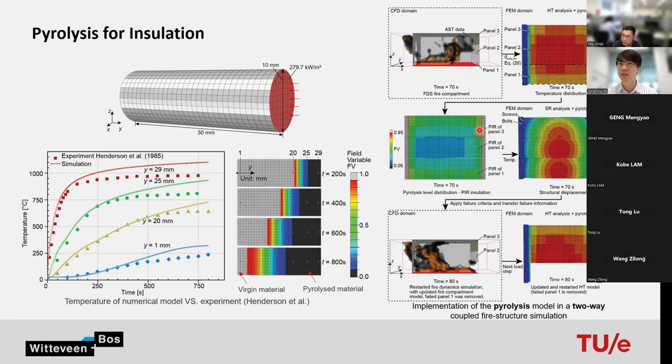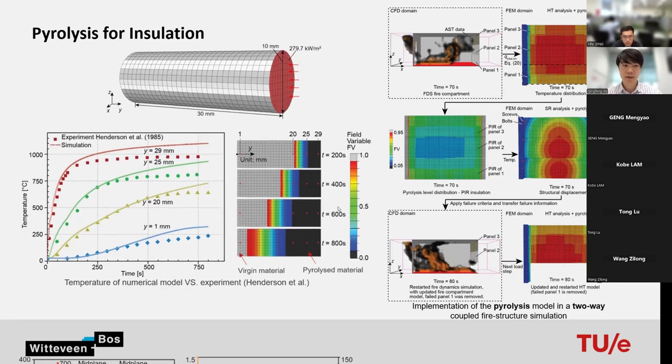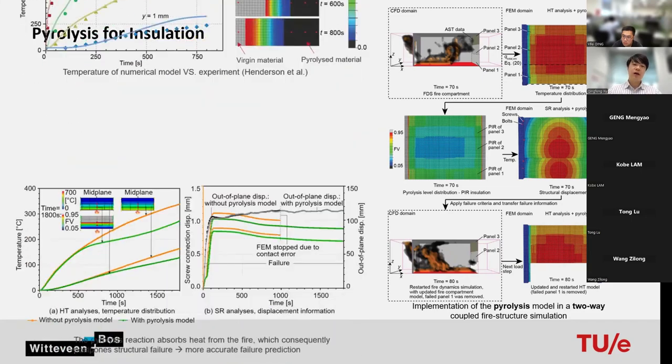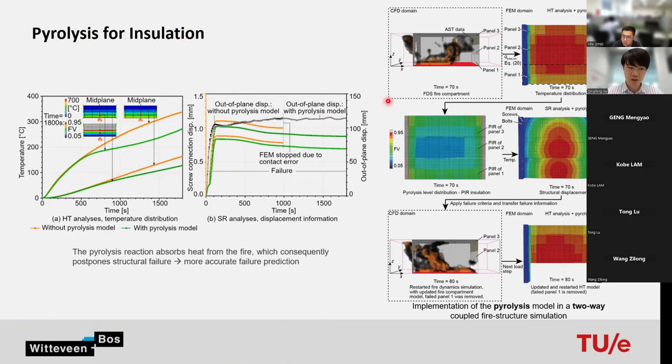and we can predict the degradation inside the insulation layer. And then we run another structural response analysis to check the failure of the sandwich panel. If it fails, the fire simulations will be changed, and so on. The structure model also will be changed. So I also compared the model with and without pyrolysis.